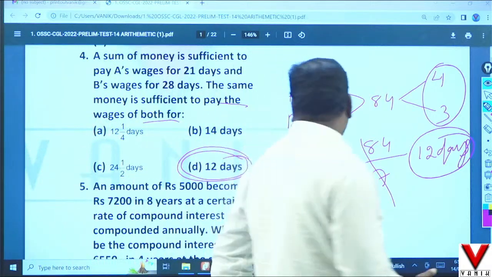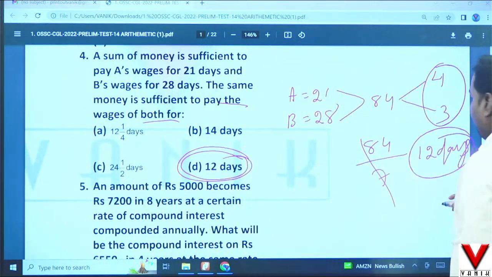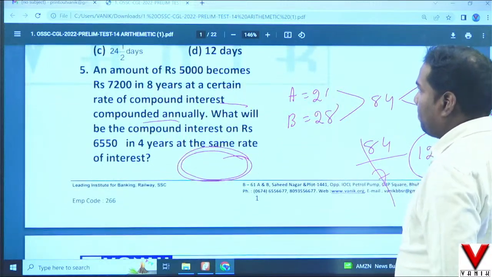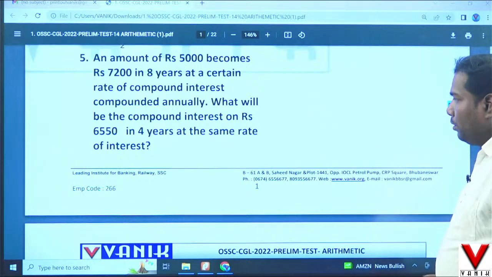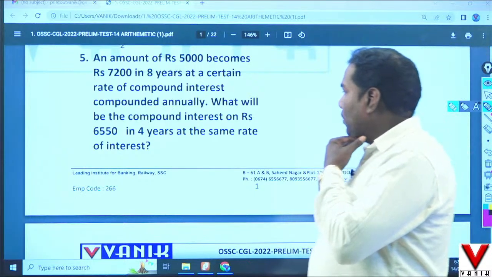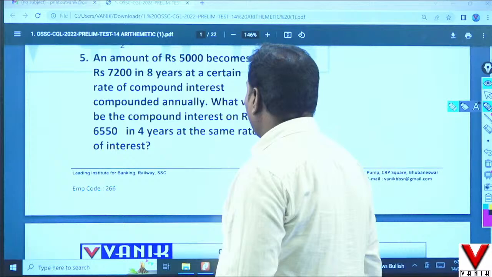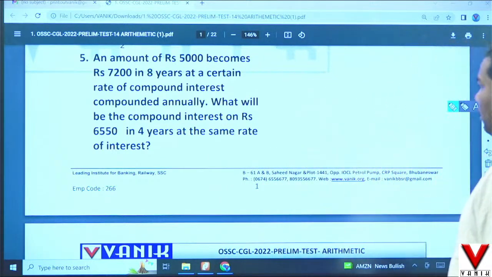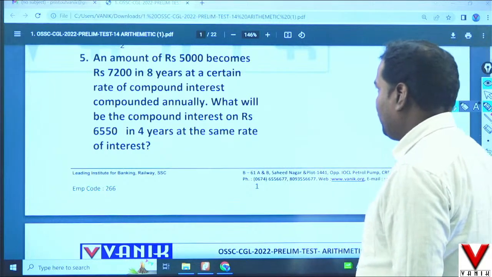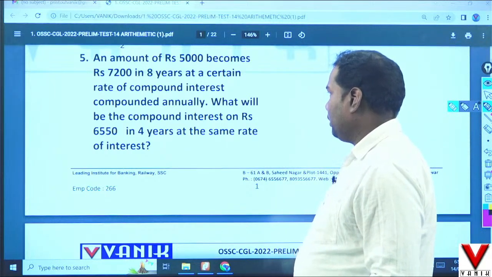Come to the next number, question number 5. An amount of 5,000 rupees becomes 7,200 rupees in 8 years at a certain rate of compound interest, compounded annually.